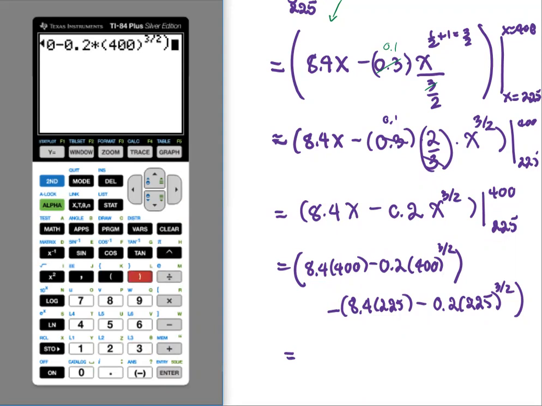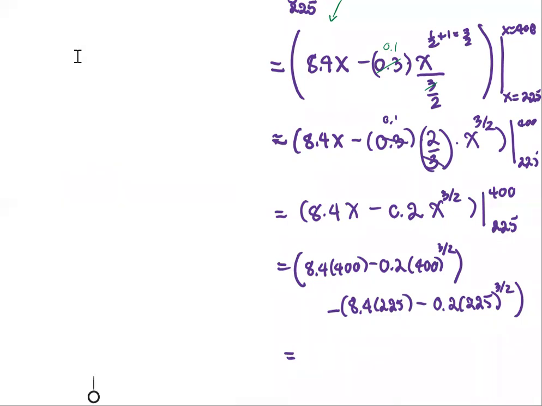This group is for the upper limit, and then subtracted by the quantity 8.4 multiplied by 225 subtracted by 0.2 times the quantity 225 raised to the power 3 divided by 2, and then close the parentheses, enter, and we get the number 545.